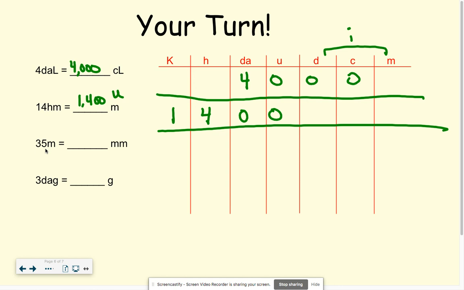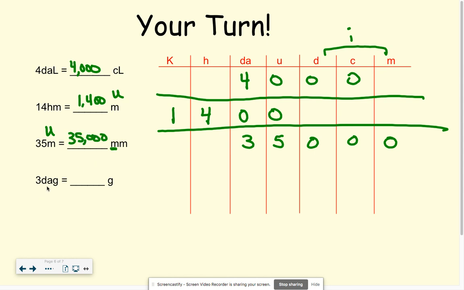Okay, our next one, 35 meters. Meters has 1 letter, so it's our unit. So we're going to put the 5 of 35 there, the 3 in front of it. We're trying to get to millimeters, 2 letters, so we go to the first letter. And our answer is 35,000.